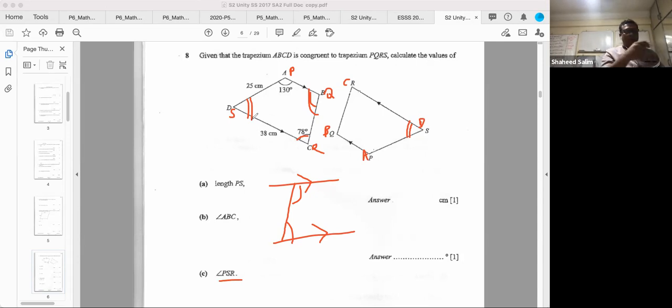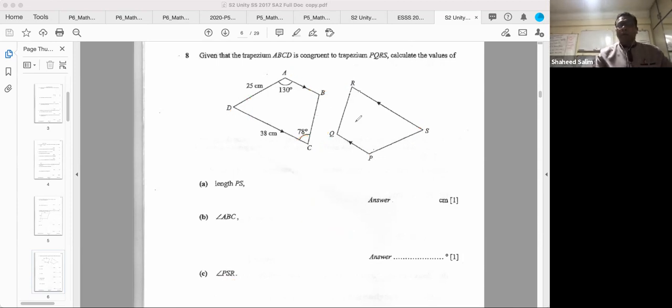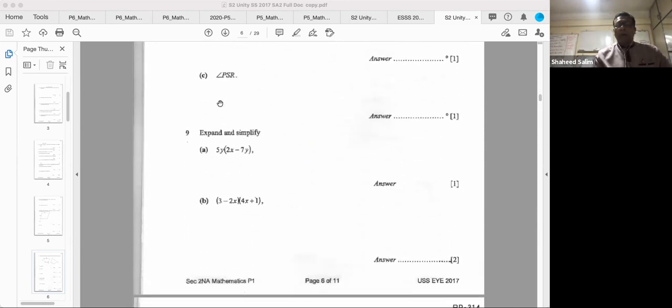Well done. So remember when you do congruency, you follow this method, you label so that we are not confused at all, very clear. Otherwise, I myself make mistakes. Okay, here we go. We move on to question 9.